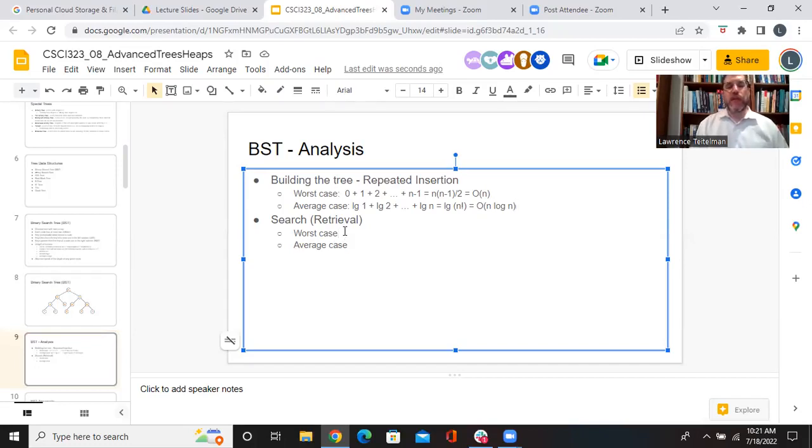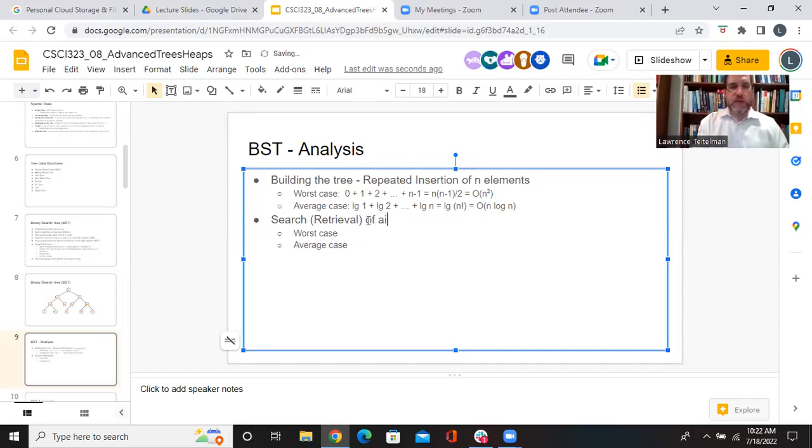Okay, so what about the worst case? I'm sorry, I made a mistake there. That's better. Okay, so the worst case. Let me be more clear about what we mean here by n elements. When we build a tree, we're doing n elements.